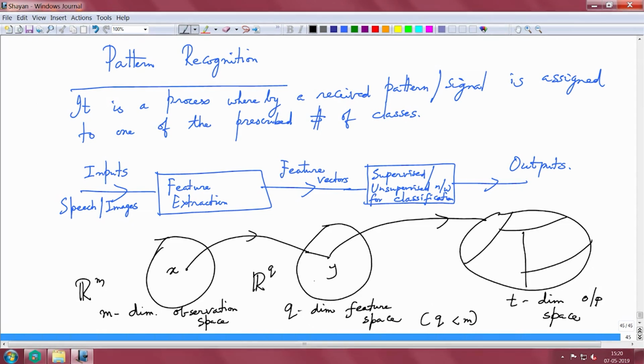For example, think about it in a simplistic speech recognition task, right. I have a speech signal, speech is band limited to 4 kilohertz, I sample it, and from the sampled speech I have to extract features. I may get the Mel-cepstrum coefficients, or I may extract the PARCOR coefficients or some feature set out of these, and these feature sets would be in a lower dimensional space than the input space, right, and these feature vectors are then fed into a neural network or a pattern recognition or any stochastic engine.